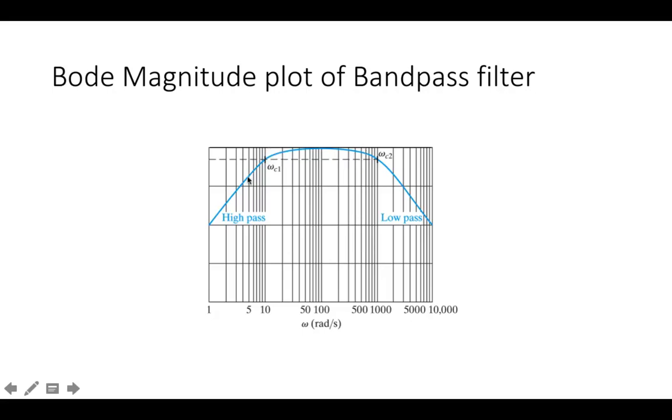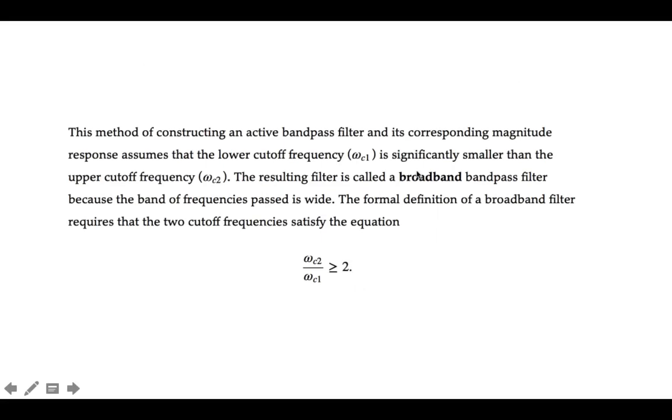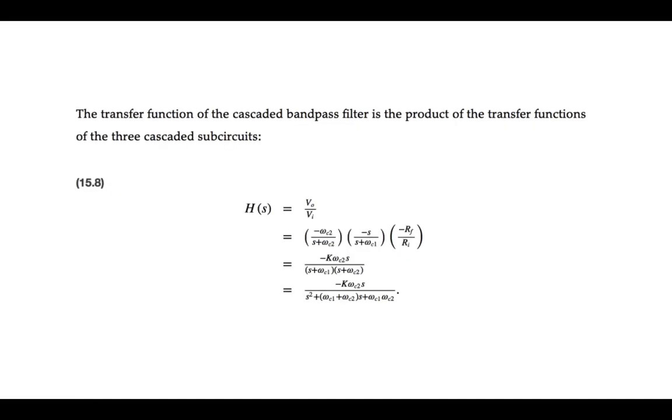And so what that would mean is the whole thing would be kind of reduced. You wouldn't have a constant gain region in the pass band, but rather you would have a reduced gain because you allowed these two to get too close together. So once again, the definition of broadband is that the ratio of upper to lower cutoff frequencies be greater than or equal to 2. And that's a formal definition, so that's accepted throughout the field.